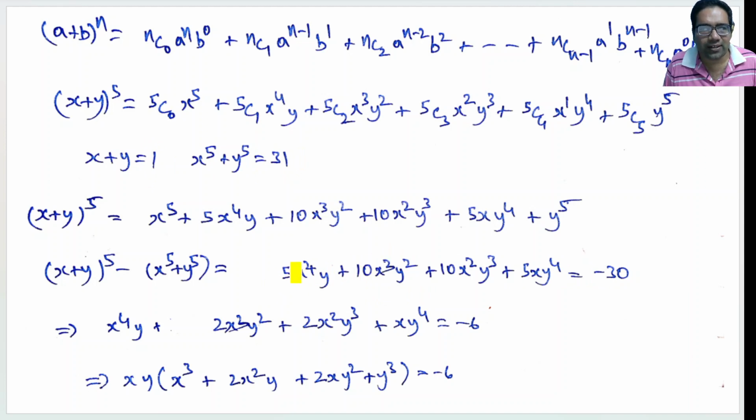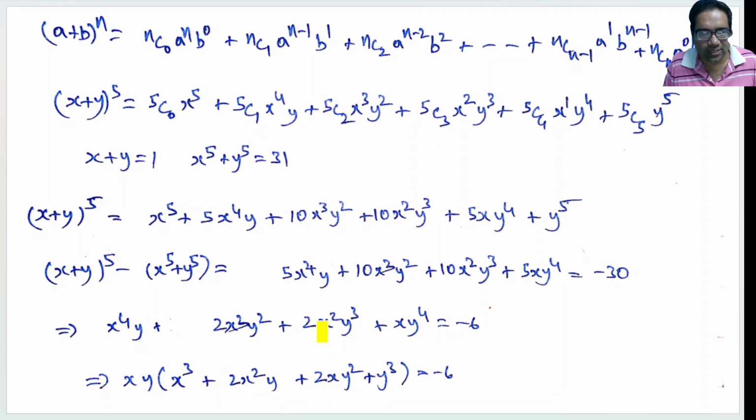We can cross out this 5 because 5 is a factor everywhere. So we'll be left with x power 4 y plus 2 x cube y square plus 2 x square y cube plus x y power 4 equals minus 30 by 5, minus 6. Again, we can take xy common, xy times x cube plus 2 x square y, because it is 2 x cube y square, so we'll be left with 2 x square y.